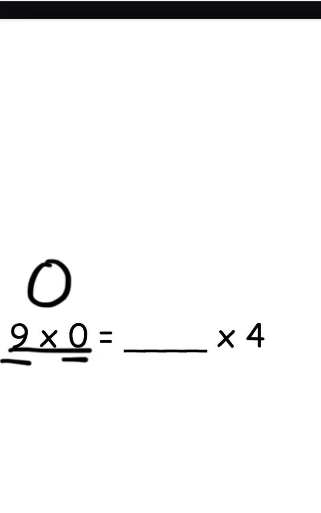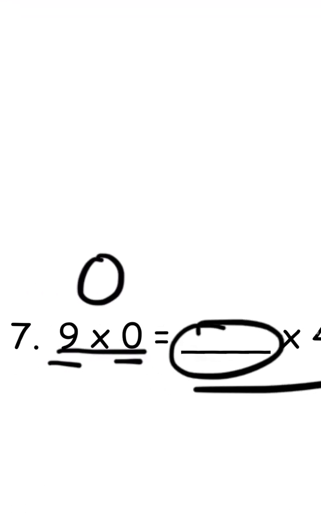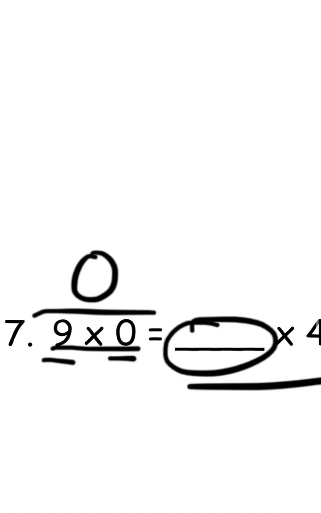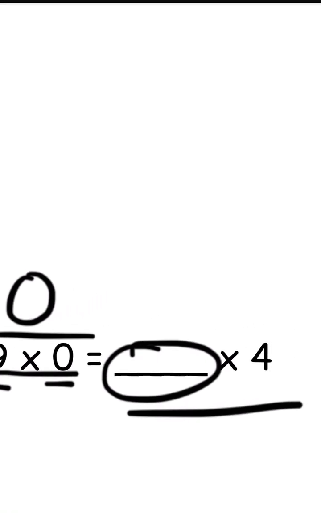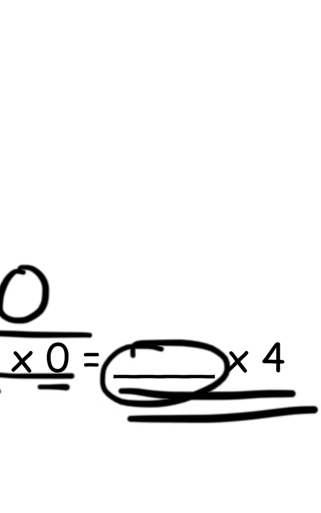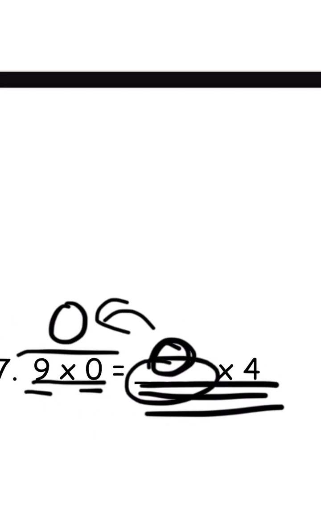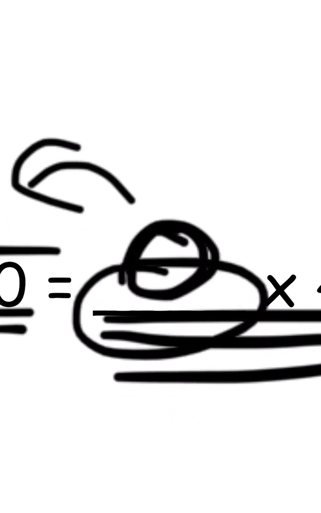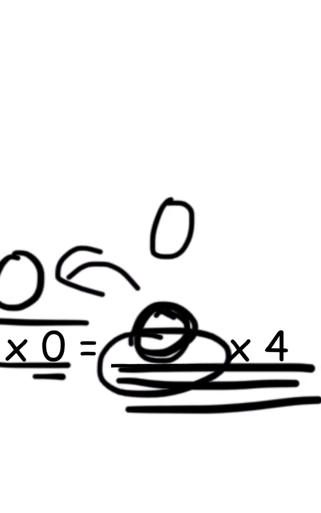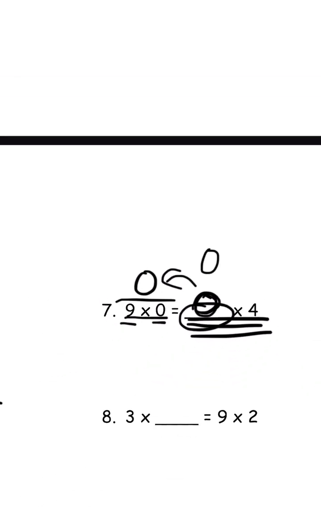And so blank times 4 needs to equal 0 now. So what times 4 equals 0? 0 times 4 equals 0 also, so we need to write 0 in the blank. So 0 is the answer for number 7.